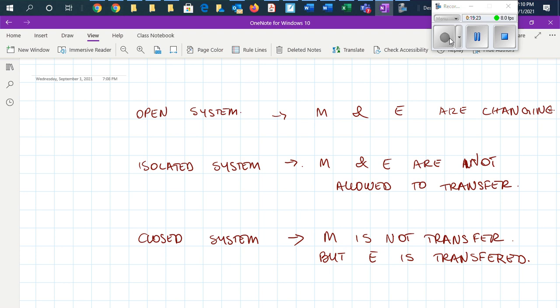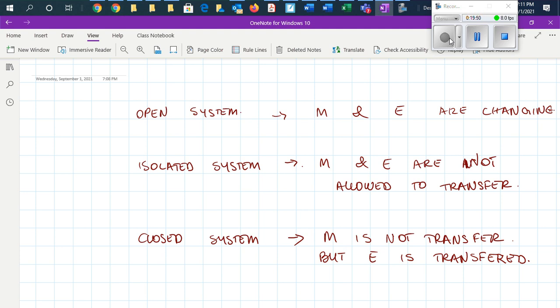What we will see in most cases is a closed system in which mass is not transferred, but the energy is transferring from one object to the other, from the chemical system to the surrounding, or from the surrounding to the chemical system.